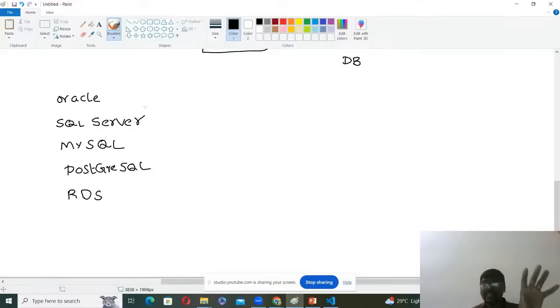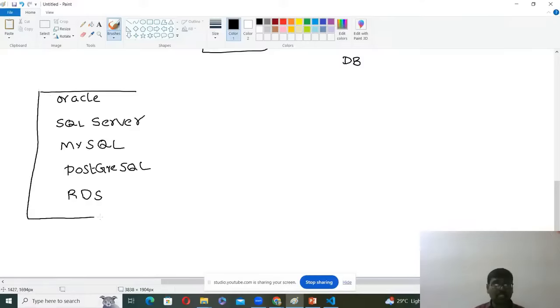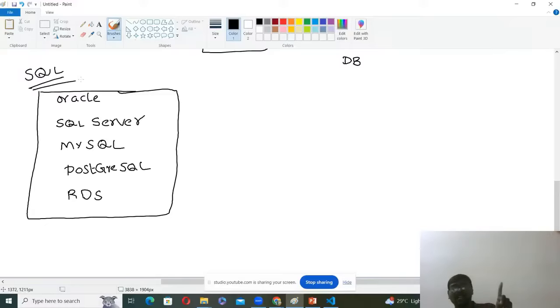Okay, so these are the servers. All these servers use SQL. So generally these are called SQL databases.